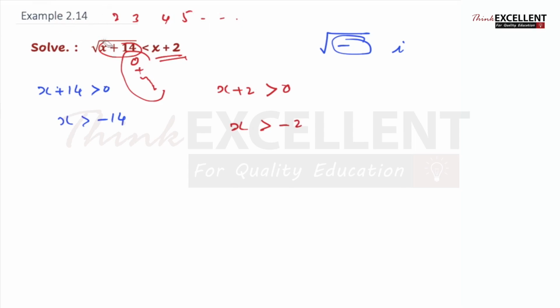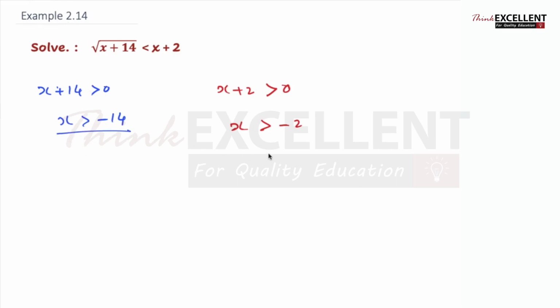So these two are some initial conditions you remember. This is very important, because without understanding this, you cannot do the sum. When you solve, you will get some answer, but that answer must satisfy these conditions also.